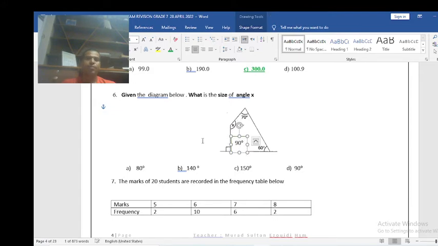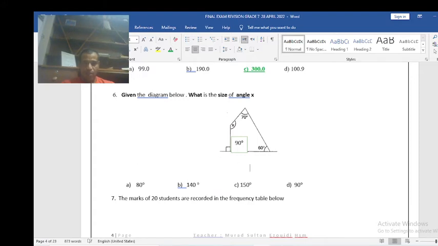Clear? Then to find x, I will use the formula. The formula is what? We are told that the angle sum is equal to (n minus 2) multiplied by 180.